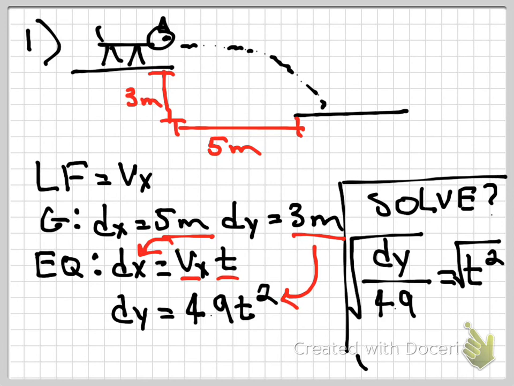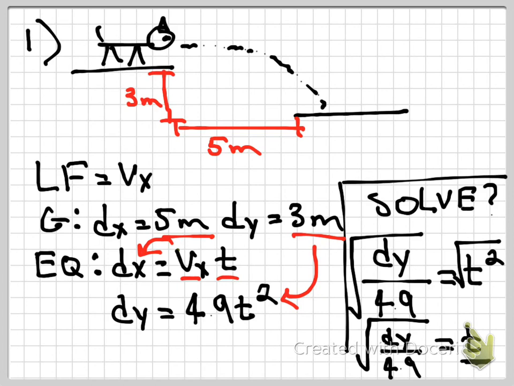That's essentially how you go about starting that problem. Then you need to use your time and plug it back into your x equation to get your horizontal speed.